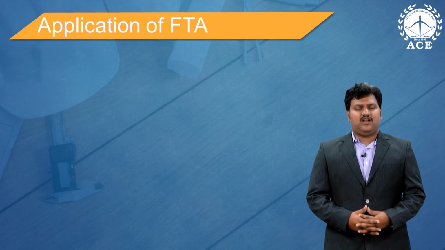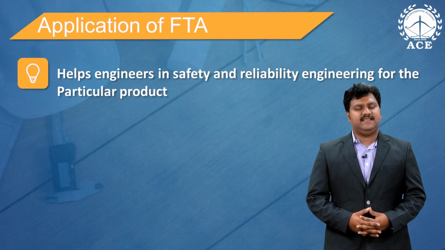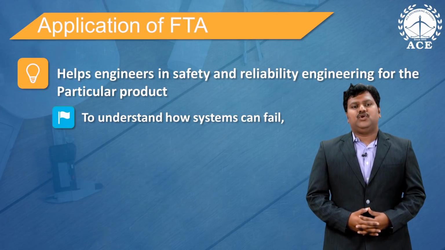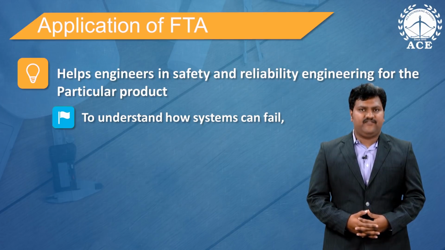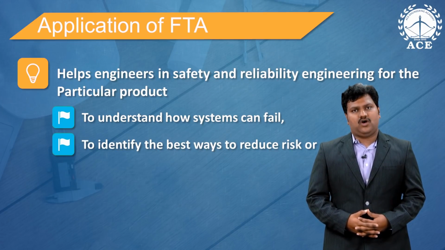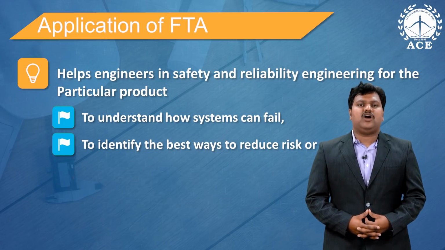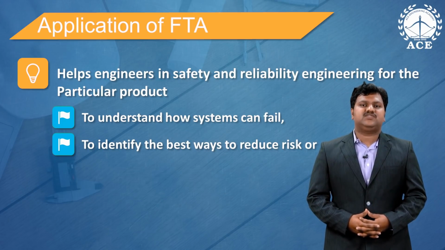The application of fault tree analysis helps the engineers in the safety or reliability engineering for the particular product to understand how the systems fail or to identify various ways to avoid or prevent or reduce the risk of failure.